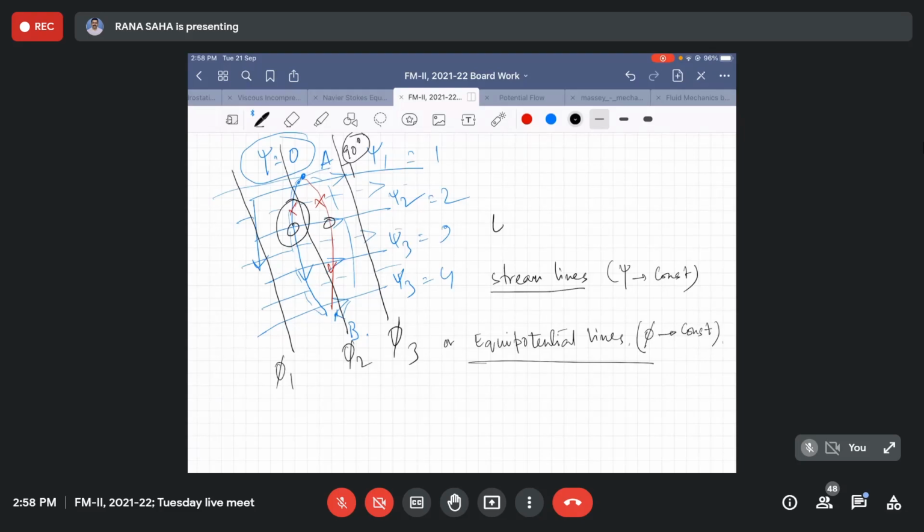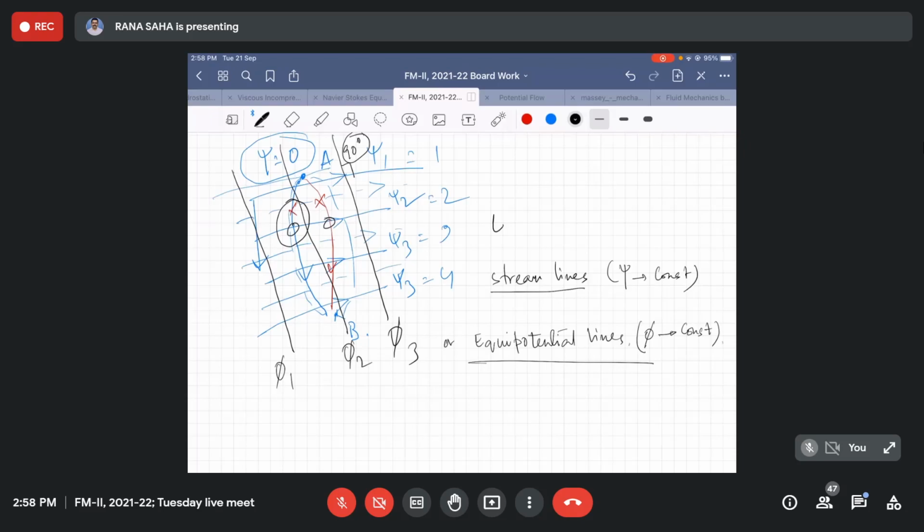So a particular flow field can be represented by having the network of the streamlines and equipotential lines, which is also denoted as a flow net, right? So after having these two functions defined, we can have the definition of flow net as well. Okay.